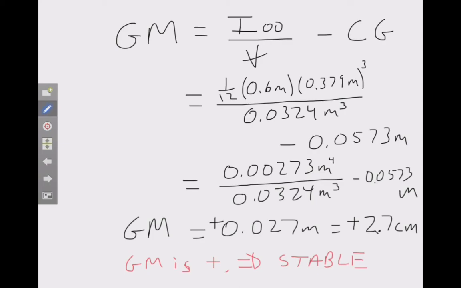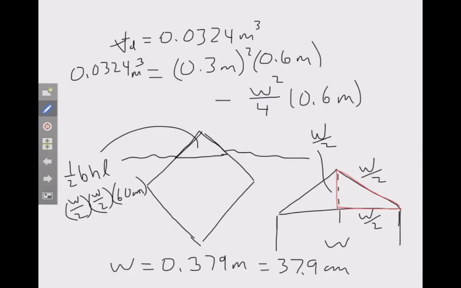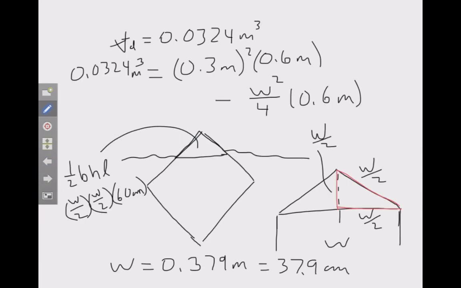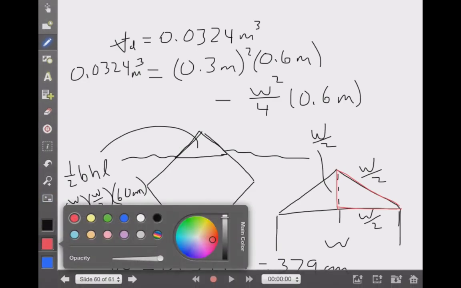Again, just to recap, the key to these problems is finding the area moment of inertia of these objects. And so I'm going to try again to draw this rectangle for this case in red.